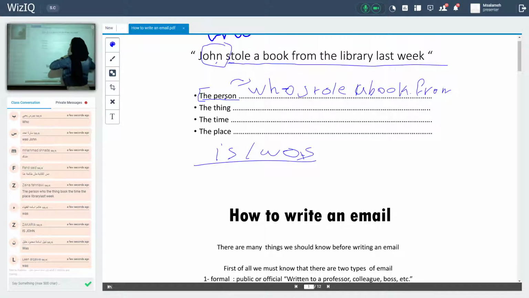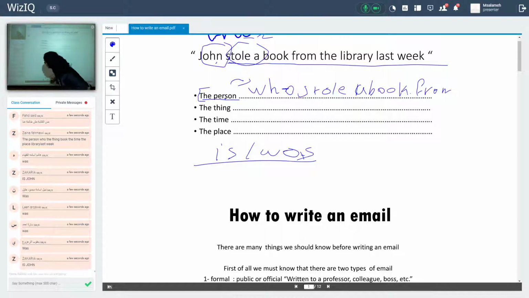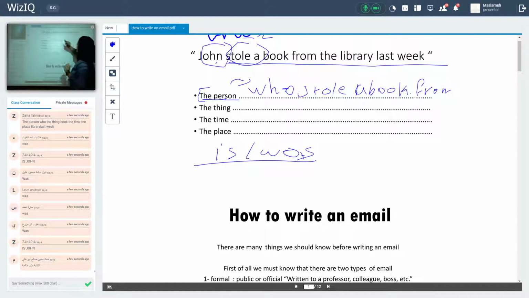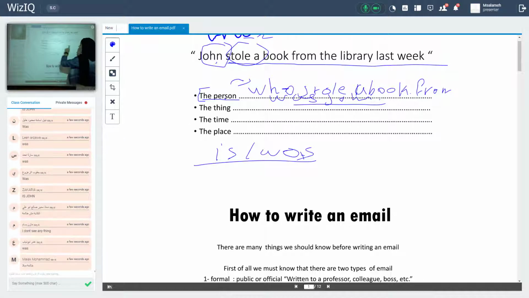The tense here is stole, it's a past verb too. Excellent, Lian said was. The person who stole a book from the library last week was John. John is at the final position of the sentence, and here we have a full stop. John is the emphasizing word.